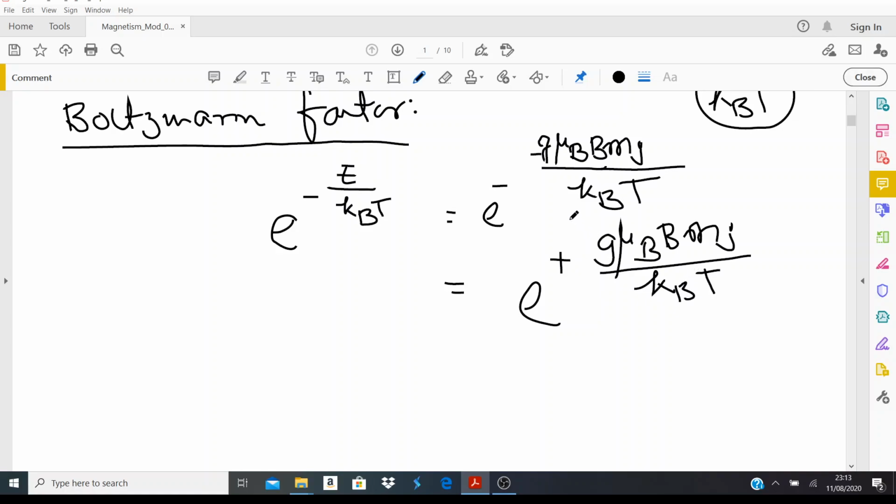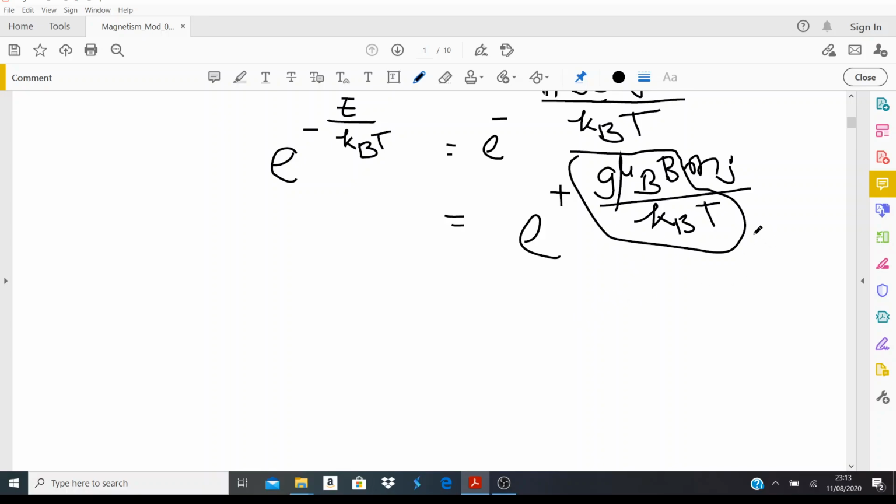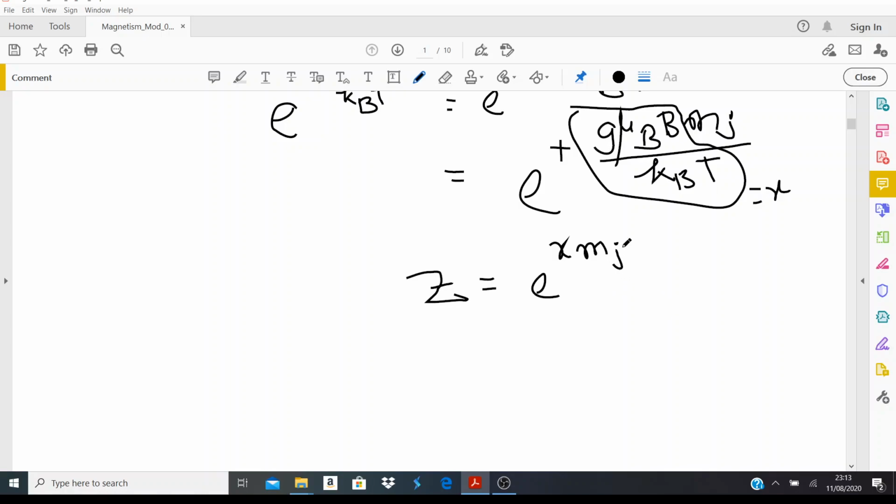And for ease of writing, we will assume this quantity is some x, right? So this is some x, so that the Boltzmann factor can be written in terms of the exponential of this x times mj, right? And one thing to note, you remember this quantum number mj, right? This number runs from plus j to minus j in steps of unity, right?